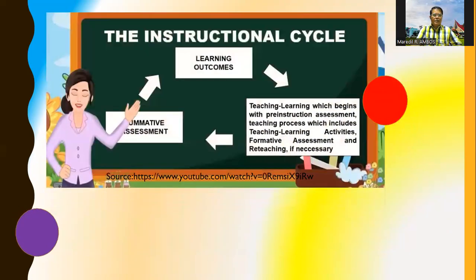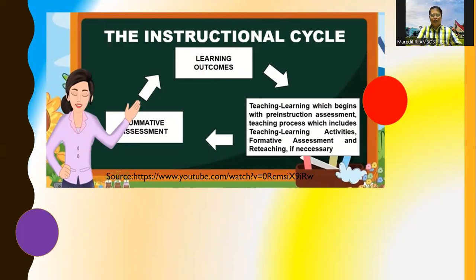Let's have the instructional cycle. We have three steps. The first is we need to determine what are the learning outcomes intended for students. Then we have the teaching and learning, which begins with the pre-instruction assessment, followed by the teaching process, which includes the teaching learning activities, the formative assessment, and reteaching if necessary.